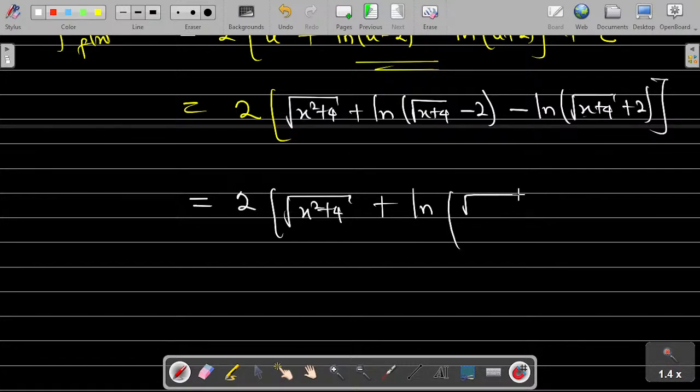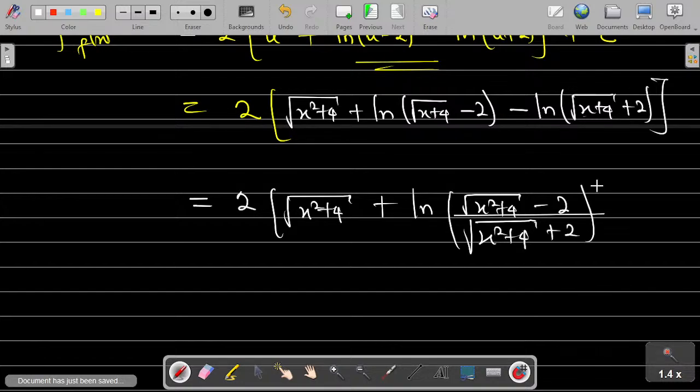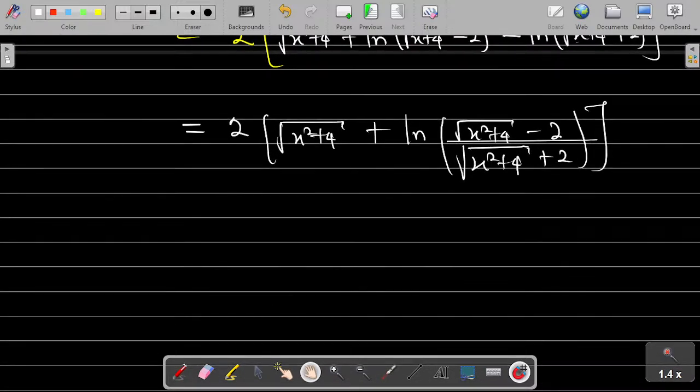So we'll have the square root of x squared plus 4 minus 2 all over the square root of x squared plus 4 then plus 2. Beautiful. Okay, and if you open the bracket finally, you will now get that, of course, this will multiply this to give you 2 root x squared plus 4.